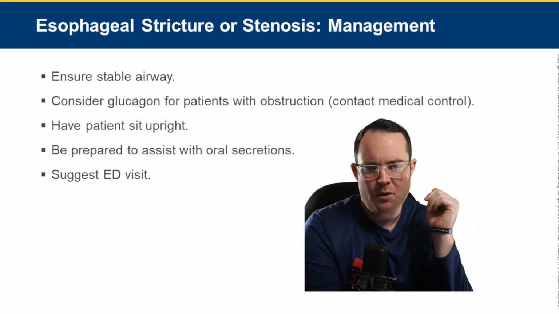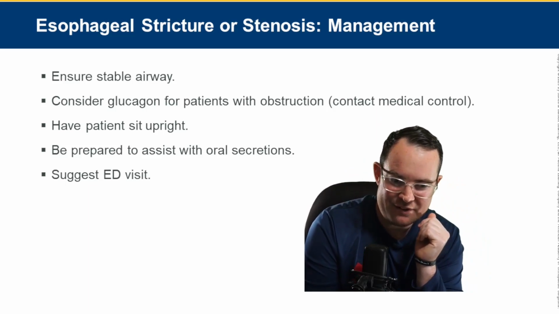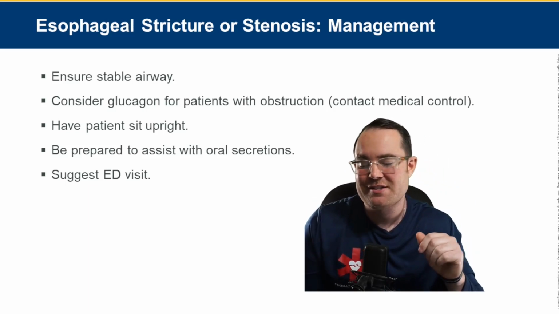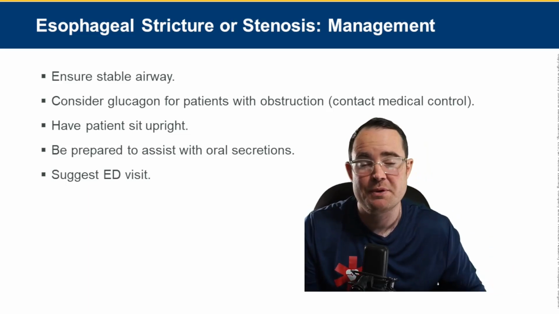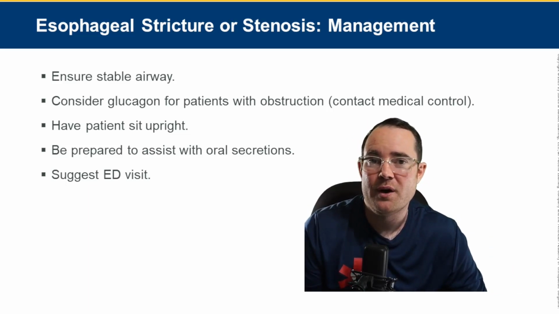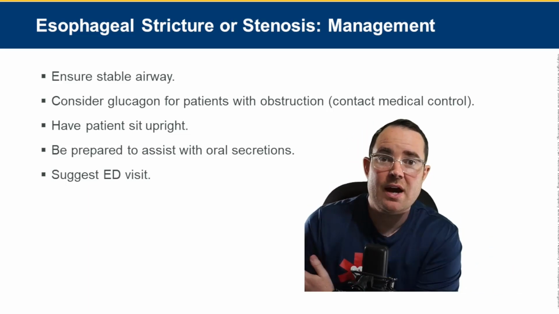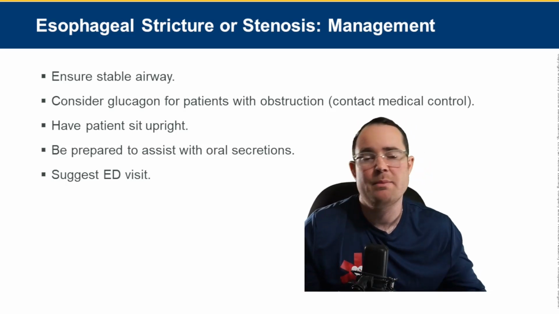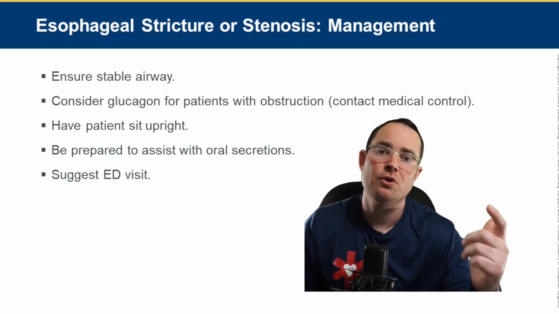Says ensure a stable airway. Consider glucagon for patients with obstructions. Now, this is a very interesting conversation because most people know glucagon for the use of hypoglycemia, right? So if we're unable to obtain an IV, we can always go glucagon IM.